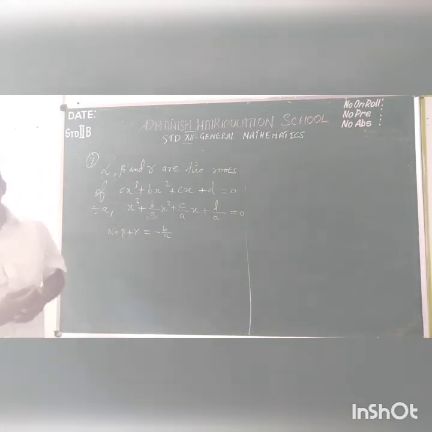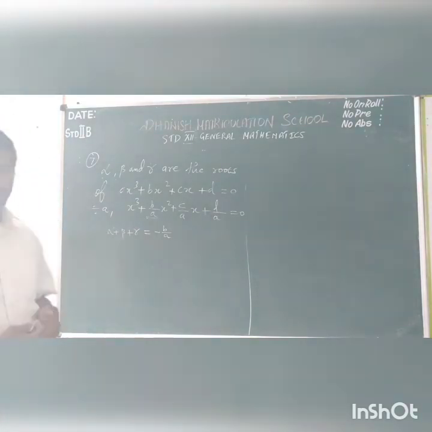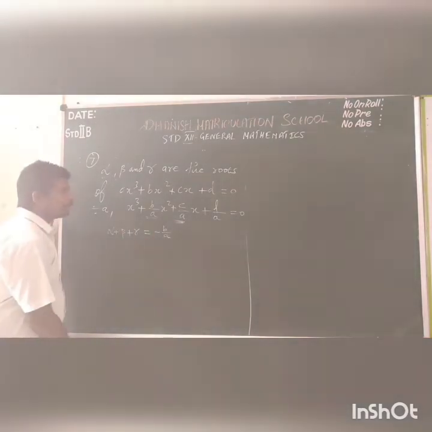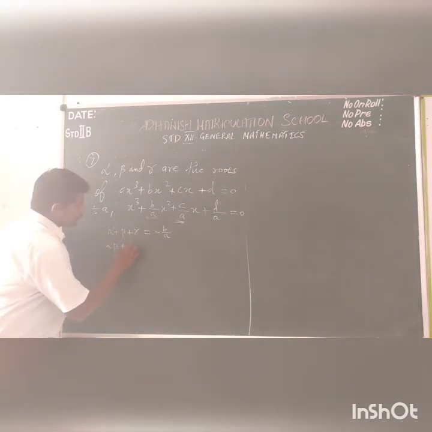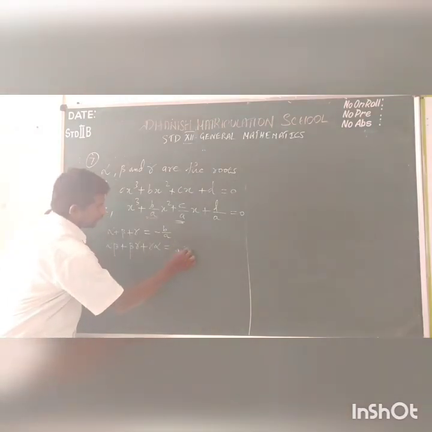Now the second value will be equal to the sum of product of roots taken two at a time. So the terms will be alpha beta plus beta gamma plus gamma alpha. This is equal to c by a.